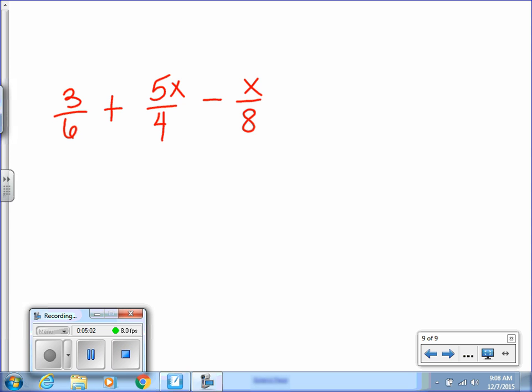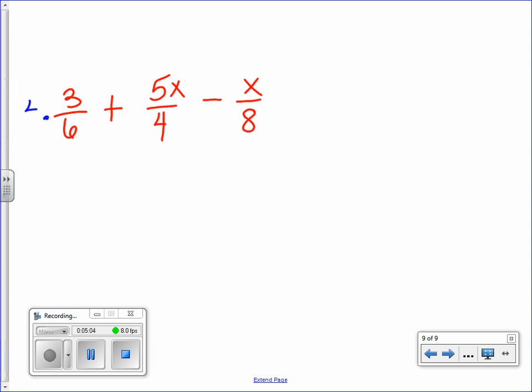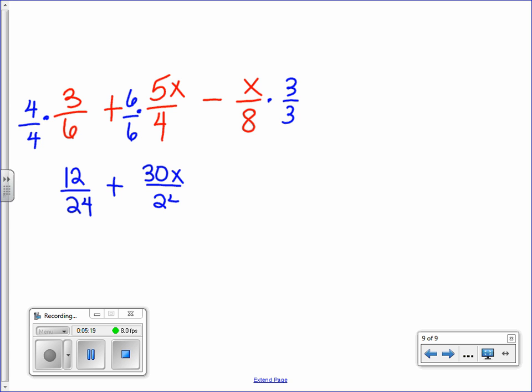Okay, so this one has to be 4 over 4, 6 over 6, 3 over 3. Alright, so I'm going to have 12 over 24 plus 30x over 24 minus 3x over 24.